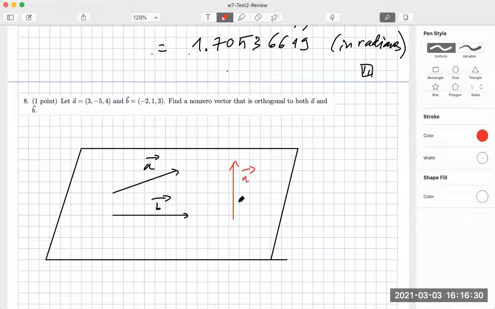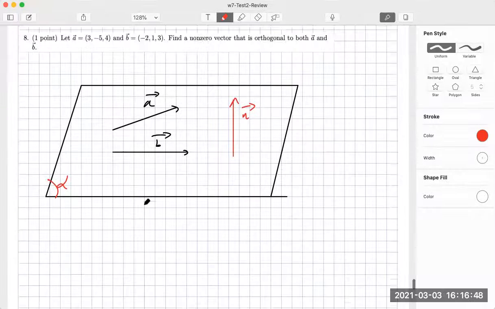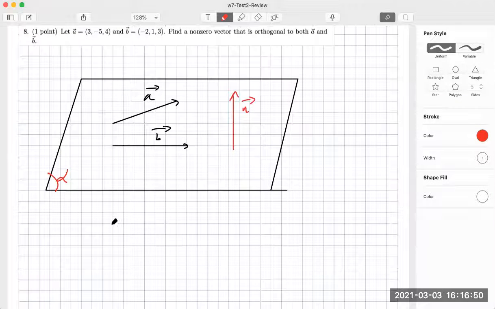Here, the normal vector of the plane alpha will be perpendicular to any vectors in it, right? Remember the cross product properties.